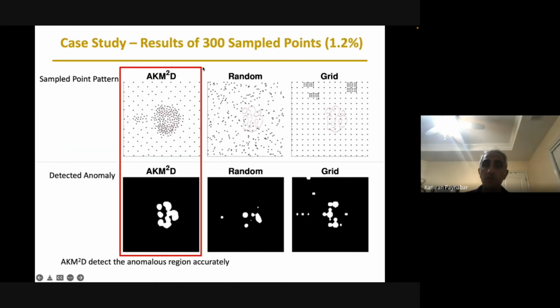But if we only use 300 samples, which is around 1.2% of points, okay, then we compare three methods: our method, AKM2D, random sampling, and grid sampling. This is how the samples are collected, these 300, based on our algorithm. As you can see, we are covering the whole space, but we have more samples around the defect area.